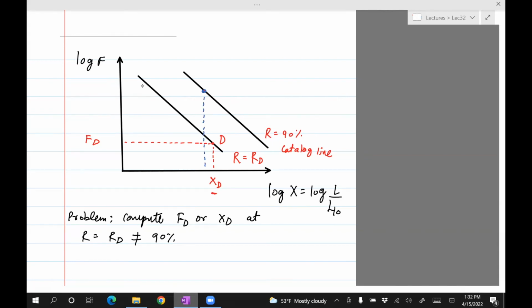So let's call that X10 because we know the value from the catalog, and then this is going to be C10.